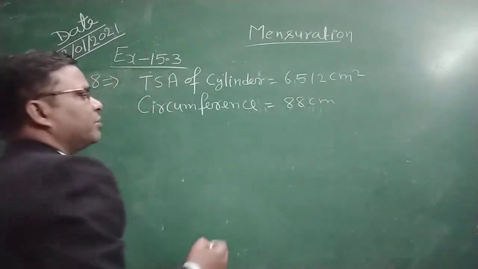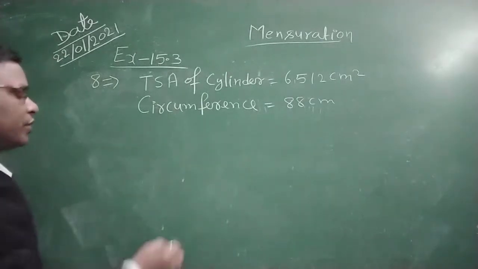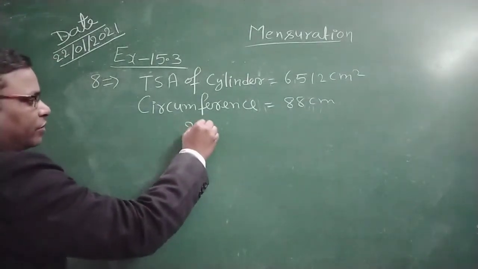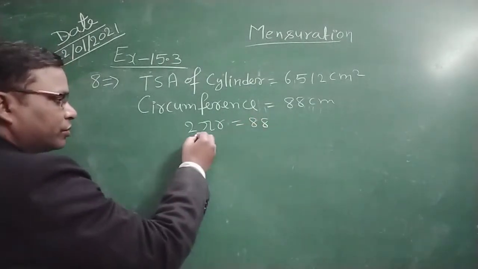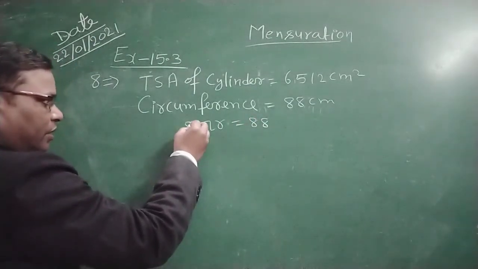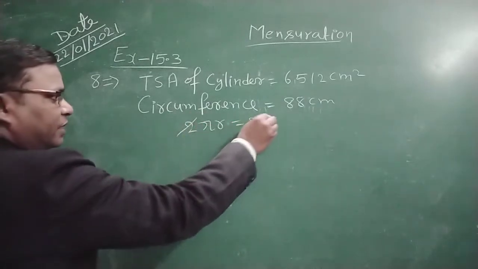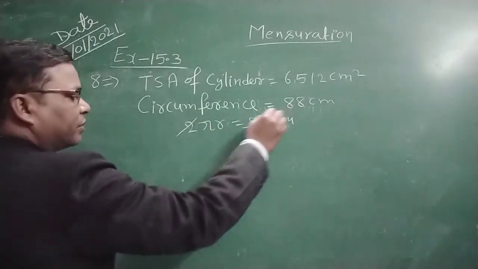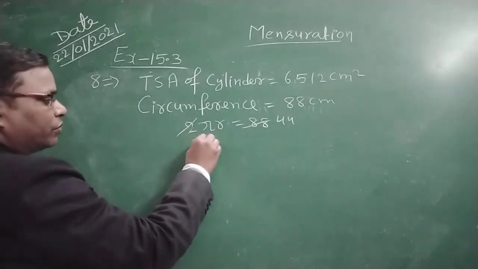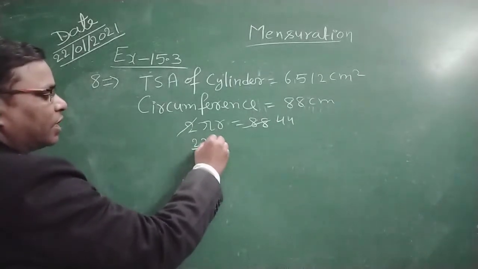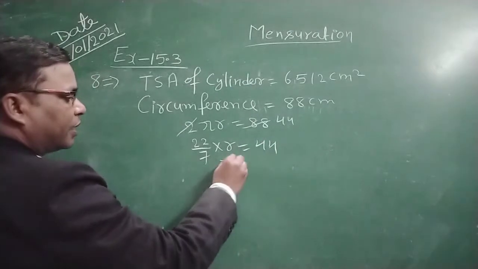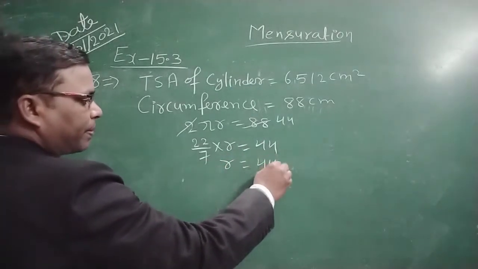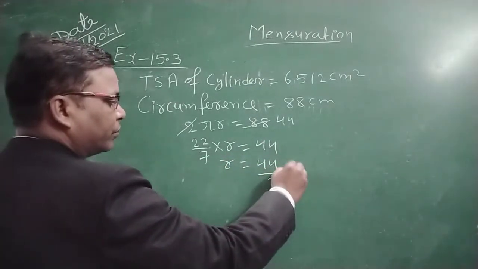The circumference of a circle you know very well, 2 pi r. This is equal to 88. So you can cancel it, then you get 44. And the value of pi is 22 by 7. R is the radius. 2 pi r is equal to 88, so r is equal to 44 by 22 into 7.